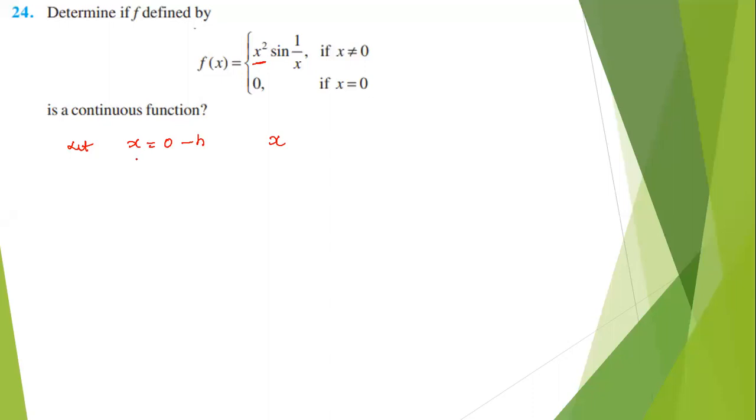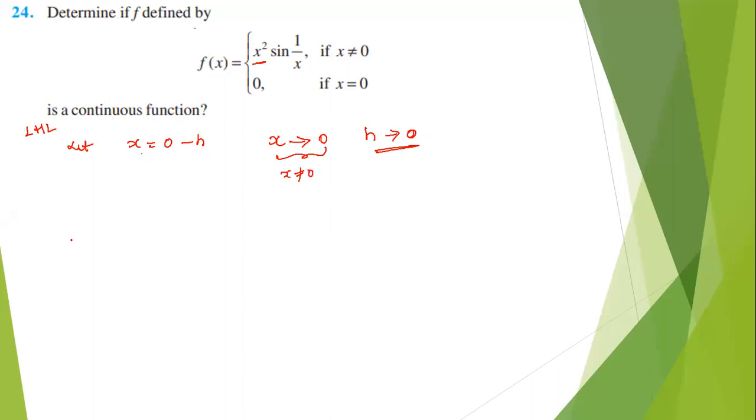Since I'm taking the left hand limit, let x be equal to 0 minus h. So when x comes close to 0, h will be tending to 0. Here remember, tends to means it's not equal to, it's just very close to 0.